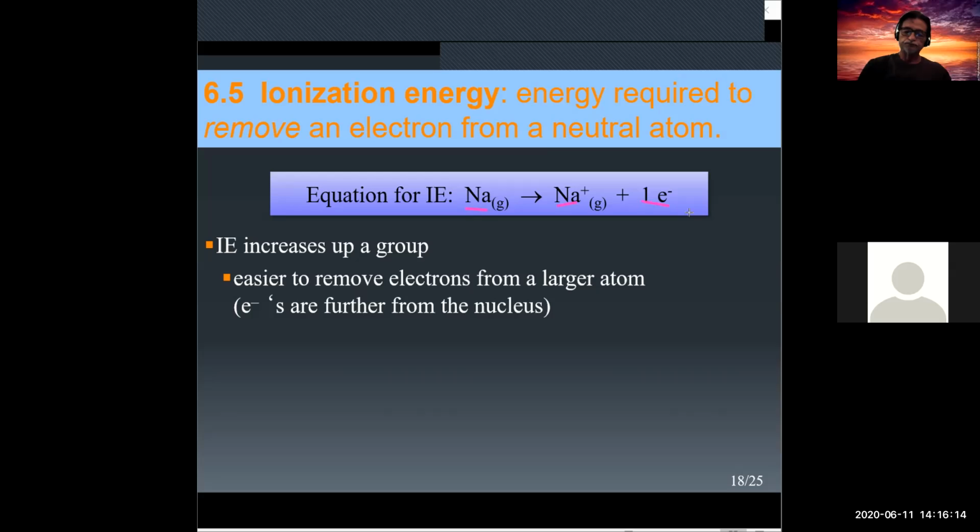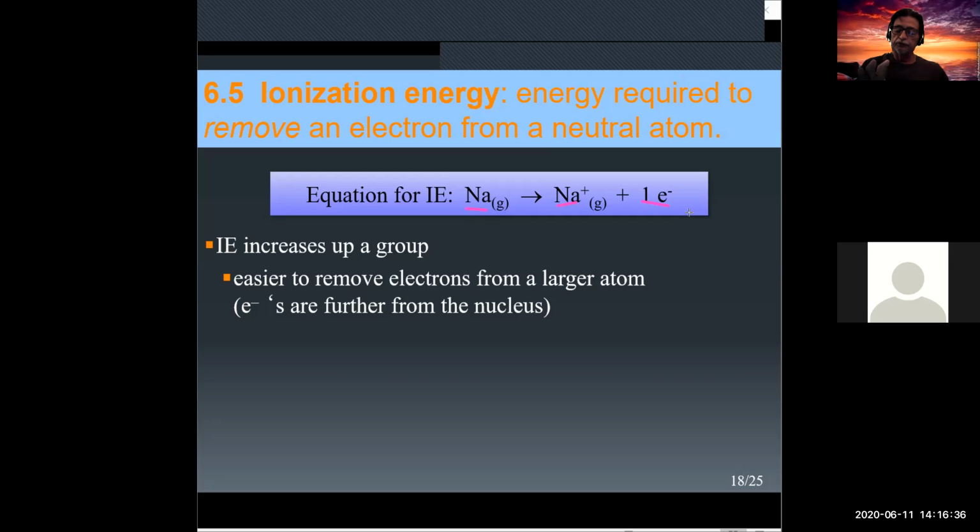Okay, so ionization energy is the amount of energy necessary to remove an electron, the key word, from a neutral atom, from an element. We're going to talk about another property down the road called EN, electronegativity.